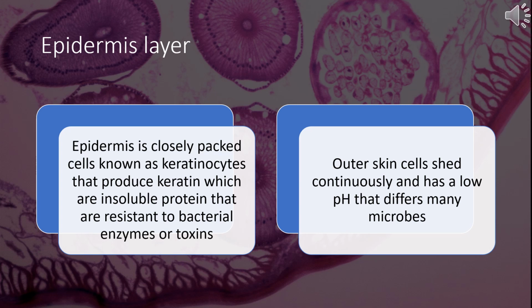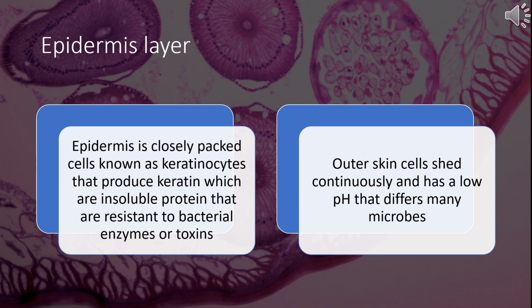Alright, so let's move on to the most notable part of the skin. This is going to be the most outer layer of the skin. It's called the epidermis layer. Epidermis is closely packed cells known as keratinocytes that produce keratin, which is an insoluble protein that is resistant to bacterial enzymes and toxins.